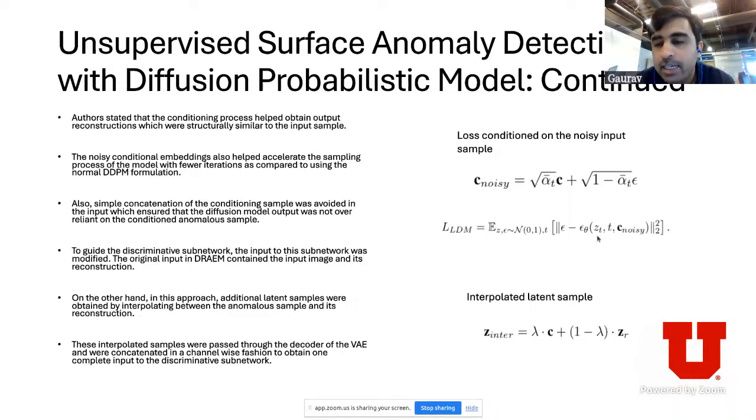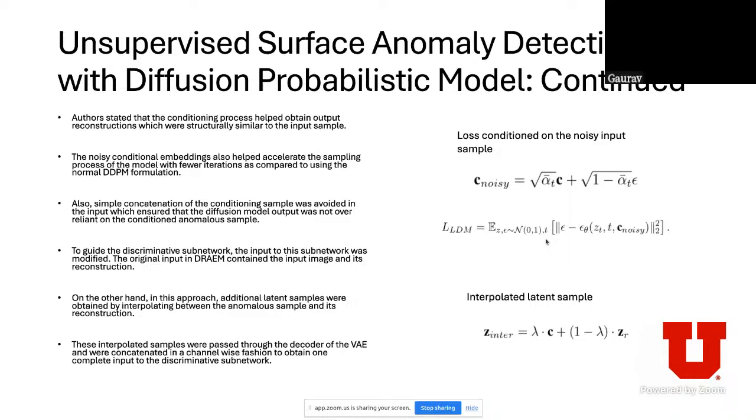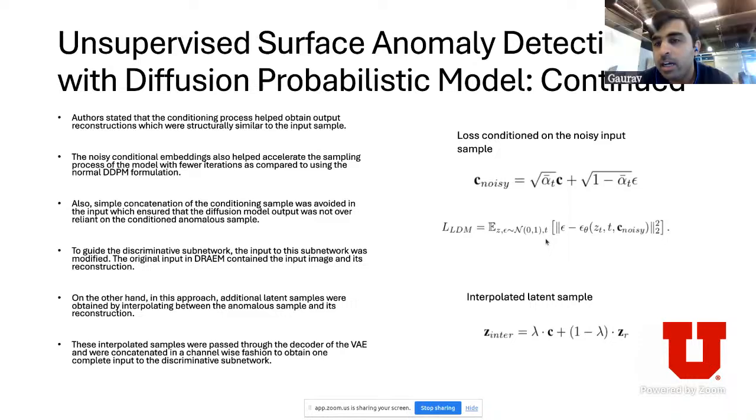This is also in the training, right? That means the training includes not only normal samples but also the interpolated anomaly samples. Yes, that is a unique aspect of this method: the noisy condition embedding is passed during the training time.